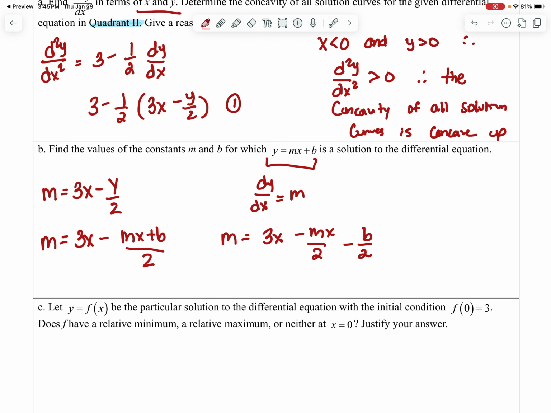Now, see how on the left side we have an m. And then see how here we have an m, but it's with x.